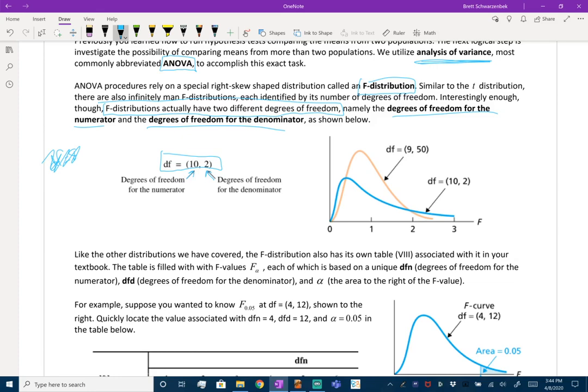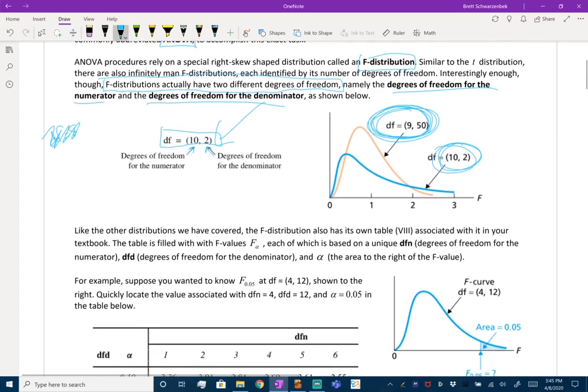So, for example, this is an example of an F distribution curve with degrees of freedom 9, 50. It's tall. It's not far off from a normal distribution, it appears. Whereas if we go to degrees of freedom 10, 2, like we had over here, it looks like this is a more classic skewed distribution that we would be looking at.